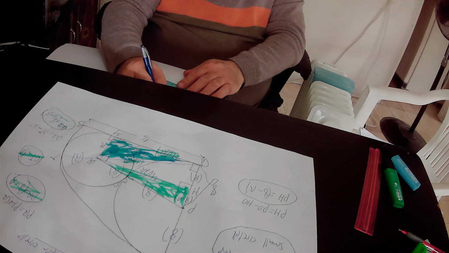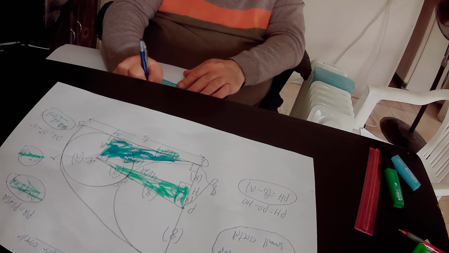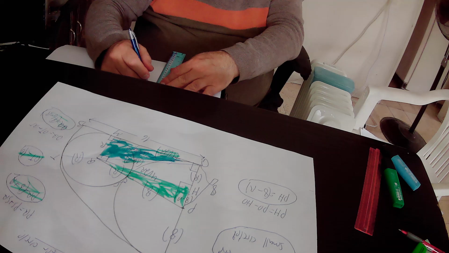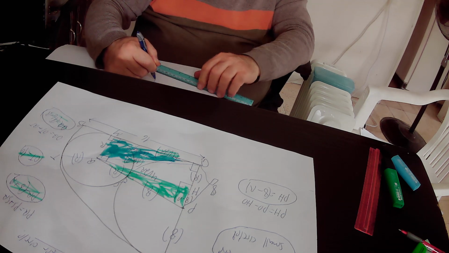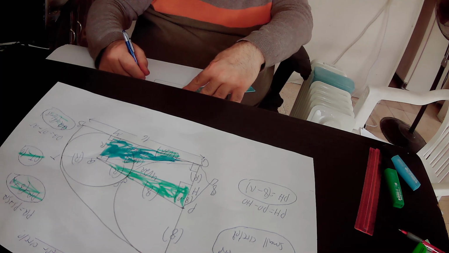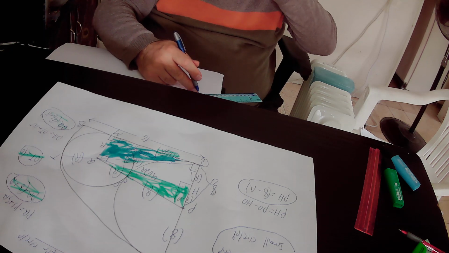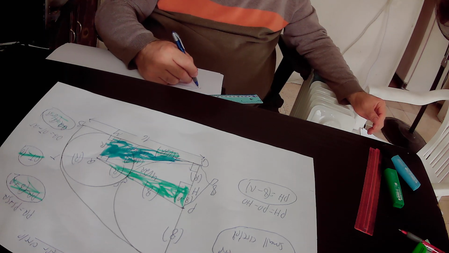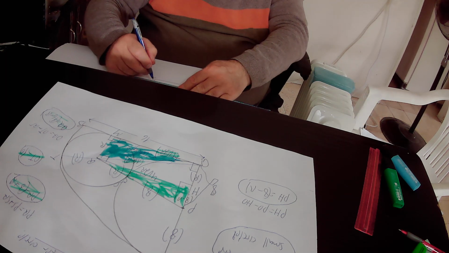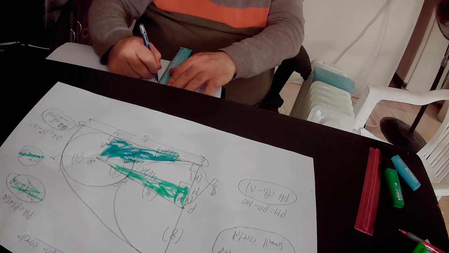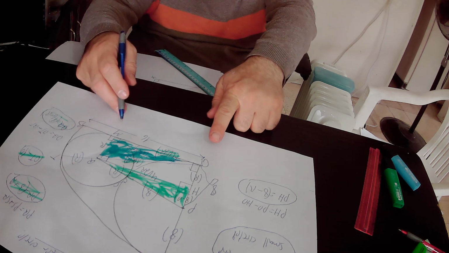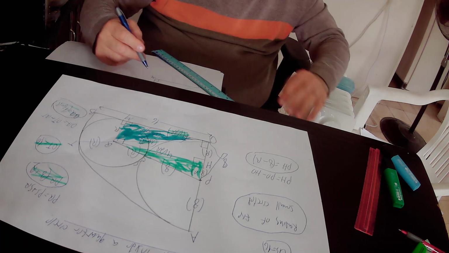Here is the version for Pythagoras theorem. Side OM of the blue triangle equals 4 times square root of 2R.